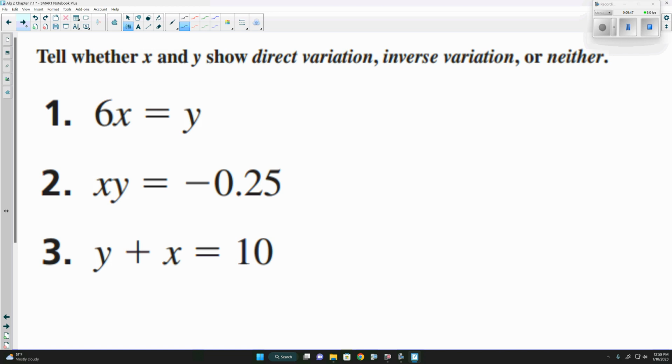All right, let's look at these three. How about number 1? It is direct. Even though the way that we normally write it is y is equal to a times x, this is still the exact same thing. A is 6. How about number 2? Inverse, because we're just matching it up to our x times y is equal to a.